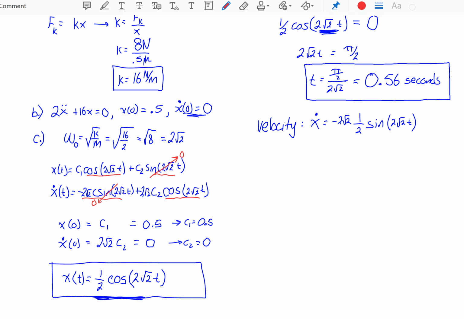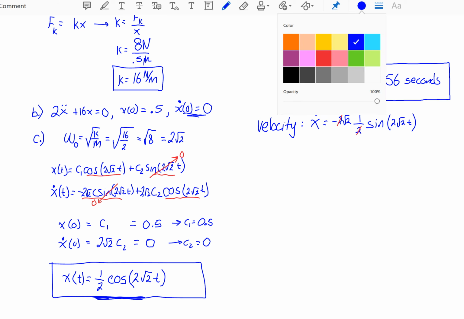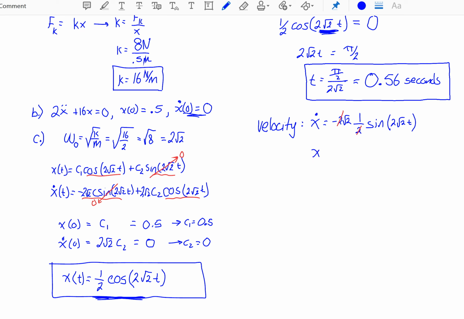Of course, you'll probably want to simplify this by canceling these 2's, so that x prime, your velocity function, is negative √2 over 2 sine of 2√2t.